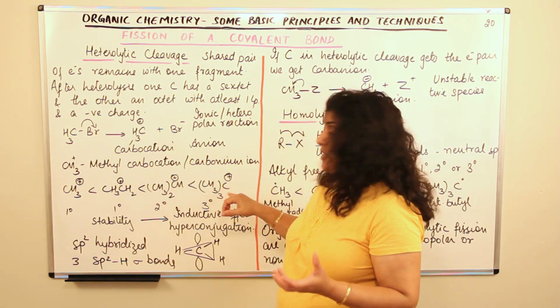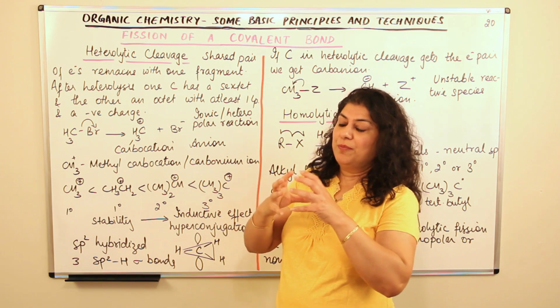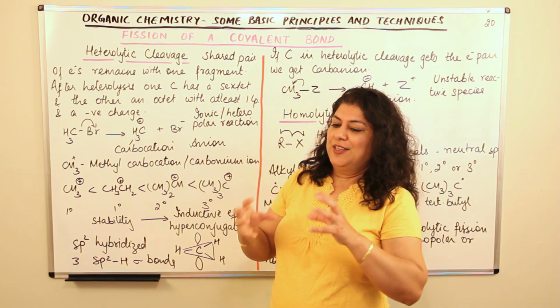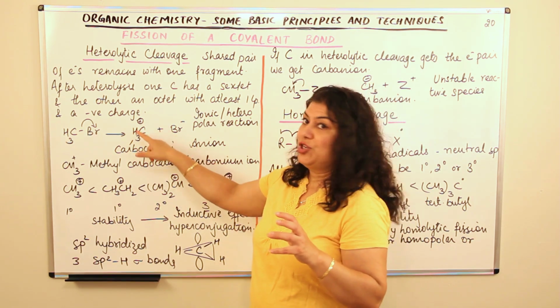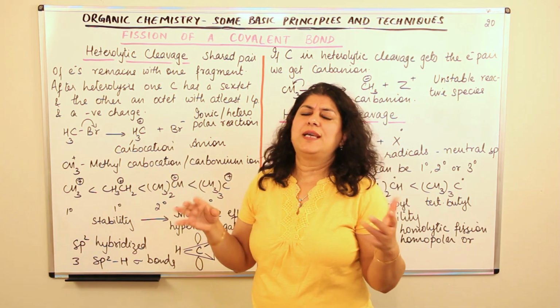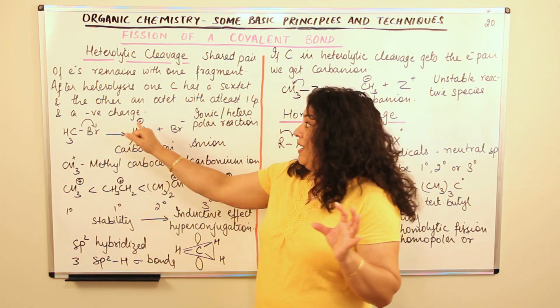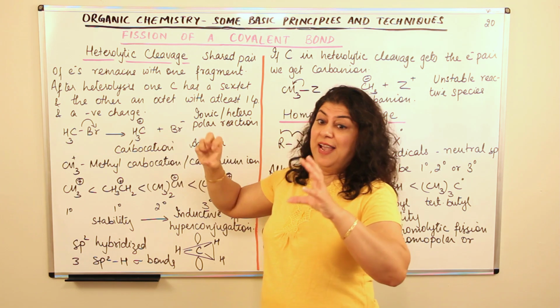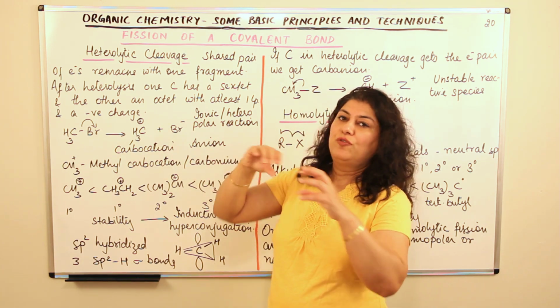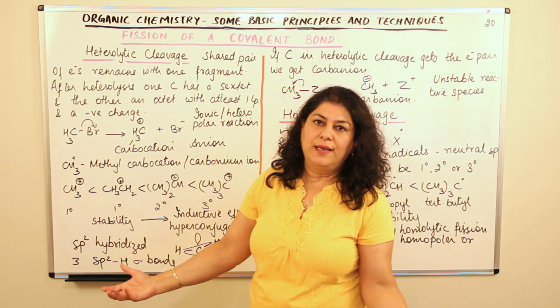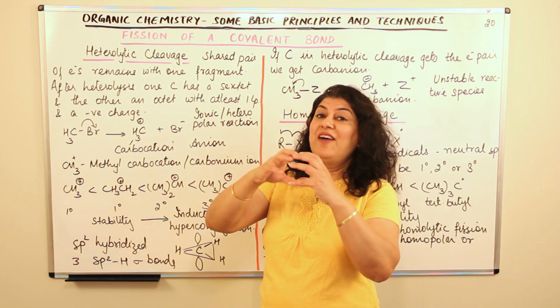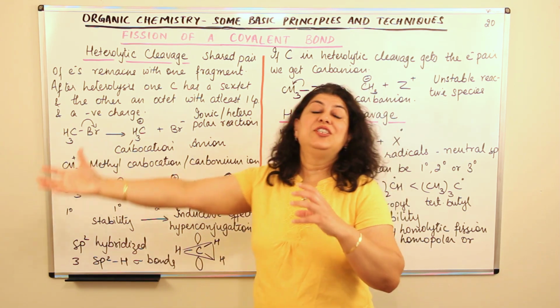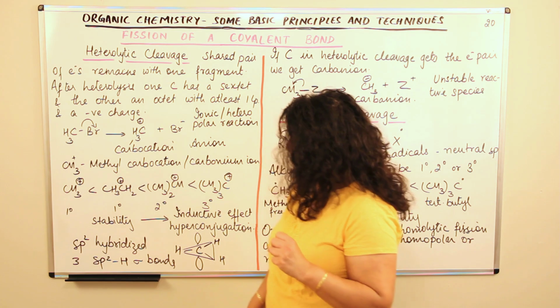Since it's a positive charge, the more the positive charge is, the greater are the chances of its formation, because an ion never stays in the ionic state. Stability is not in terms of the fact that it is going to stay like that forever. It would have a greater tendency to form the product.